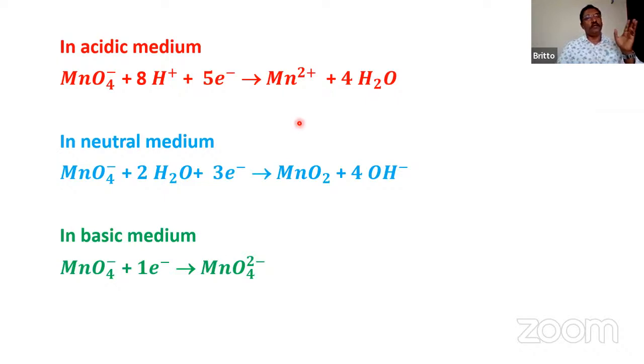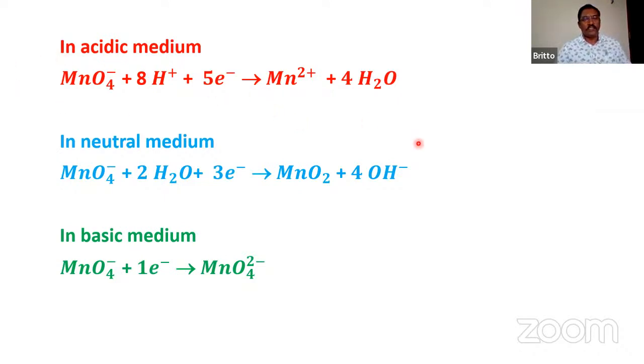Wherever H plus is there, only there electrons should be placed. Then the charge will be neutralized on both sides. H2O will be on the opposite side. Generally when we balance oxygen and hydrogen, we will be using H2O and H plus. If you put H2O on the product side, then on the reactant side put H plus. To neutralize the charge, put electrons. Remember that one. If you put H2O on the reactant side, on the product side you will put H plus. If it is basic medium, you may put OH minus or something like that. Okay, so remember that one.